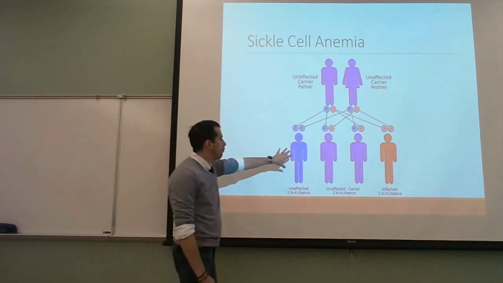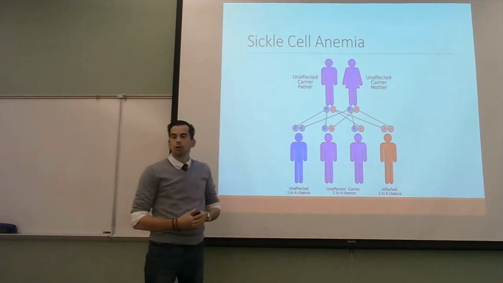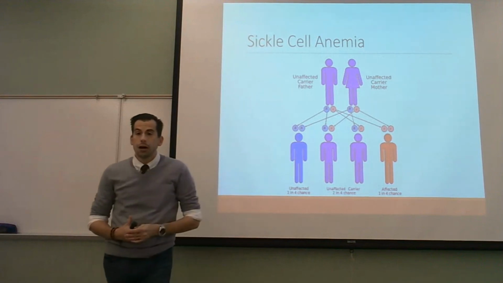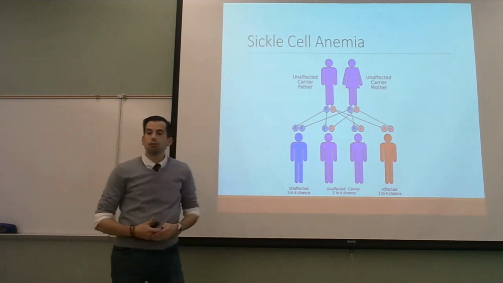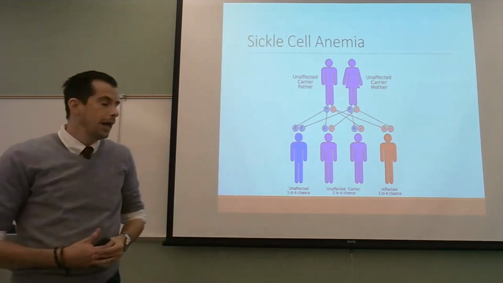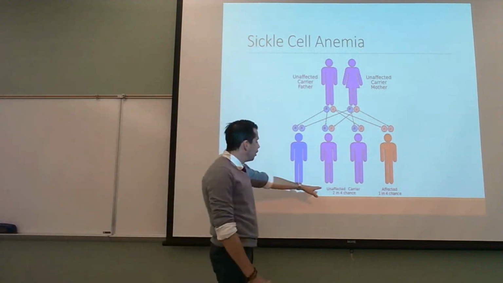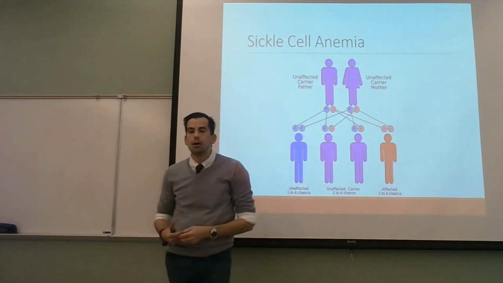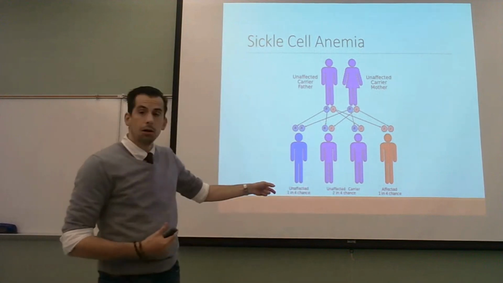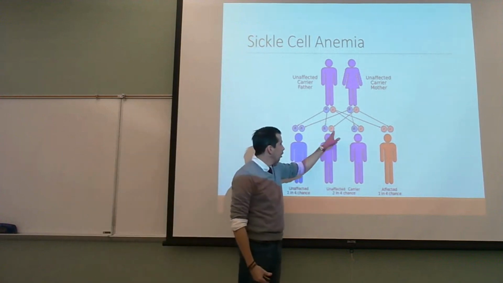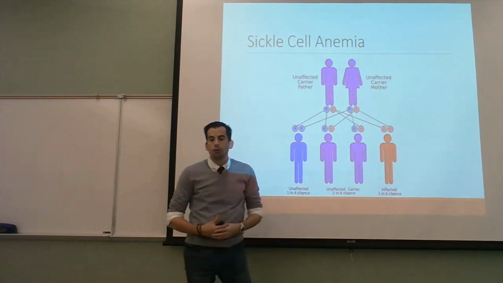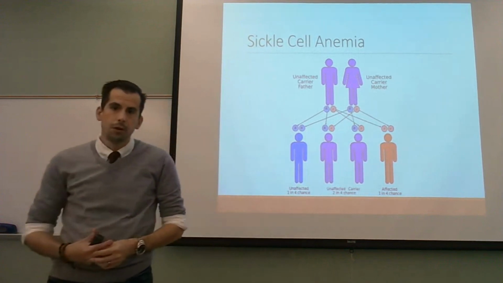So you have one who's completely unaffected, doesn't express the sickle cell physical characteristics, and doesn't carry the gene into further lineage. Half, however, will be unaffected. Their cells will still be normal, but they carry the gene. So they have the potential to still pass their recessive gene onto any offspring.